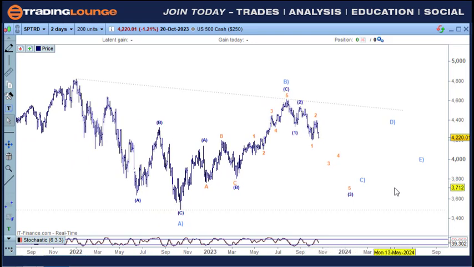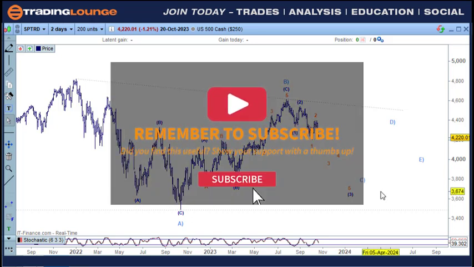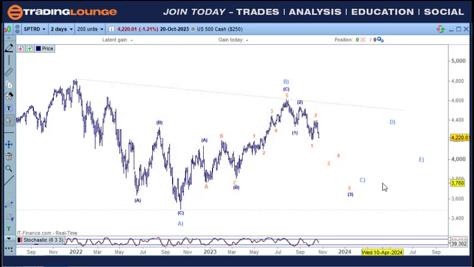We also need to look at the bullish pattern as well, and there's a good case for looking at all of these as corrective patterns, and there's cases for looking at the market as being bullish, and stocks like NVIDIA and Apple can produce those sorts of things.